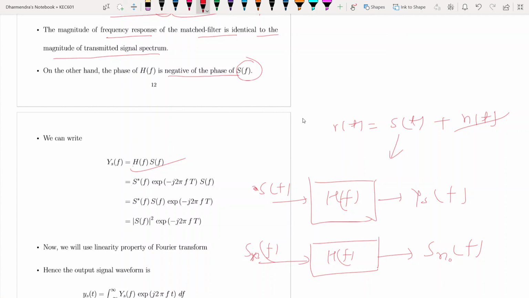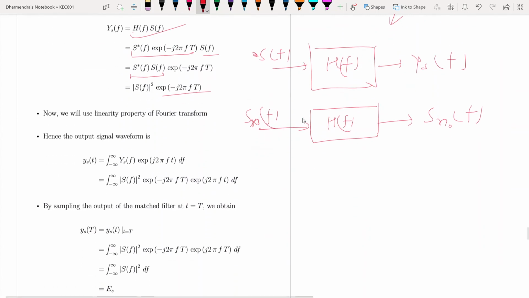H of f can be written like this. So this will be this. This can be written as the square of the absolute value of S of f. Now we will use the linearity property of the Fourier transform. Hence, for the output signal waveform y_s of t, take the inverse Fourier transform.